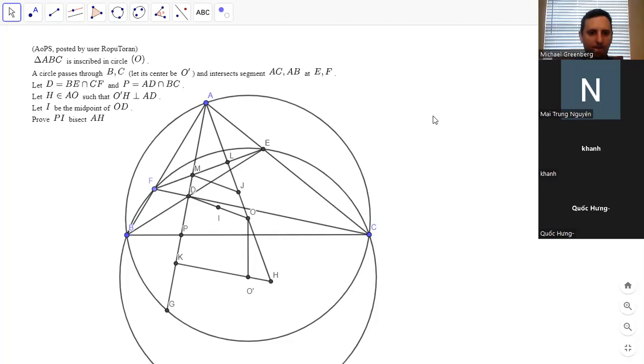So I guess Brocard's theorem would tell us about like O prime D, but not necessarily about OD. One sec, I'll be right back.